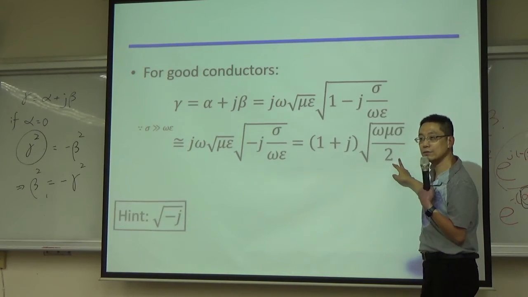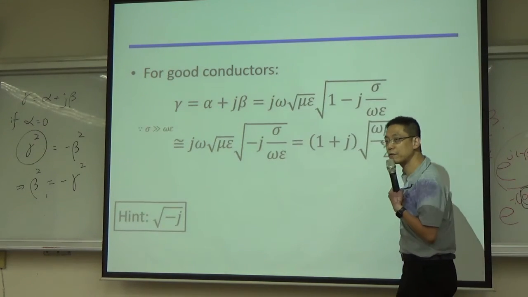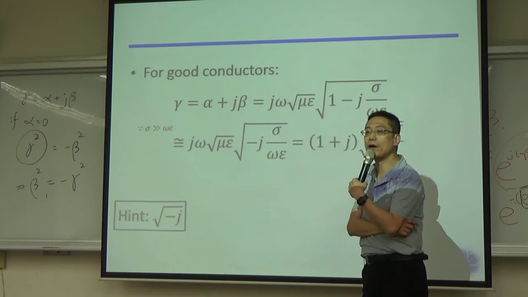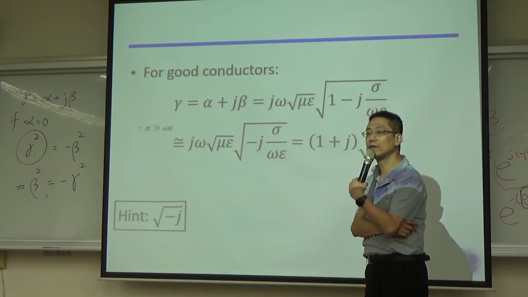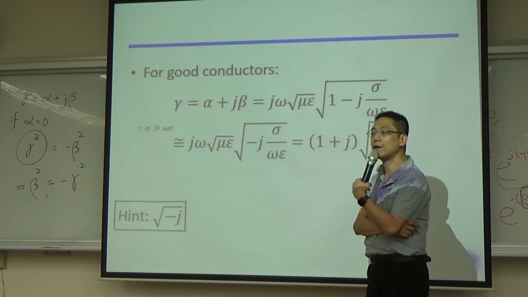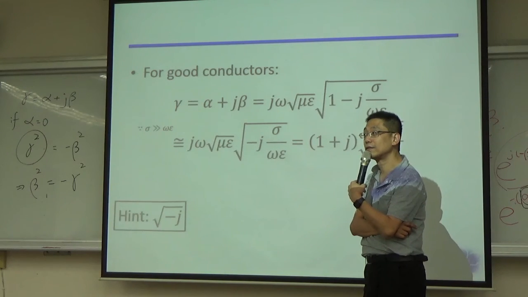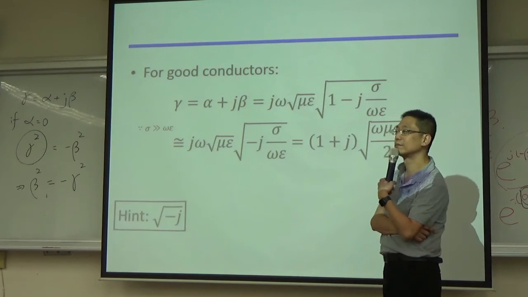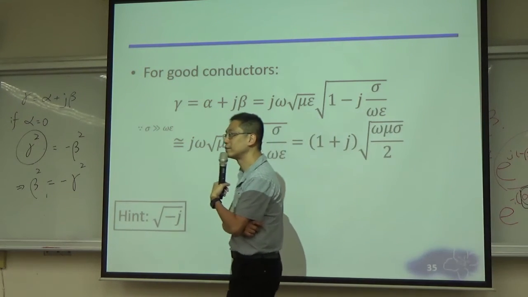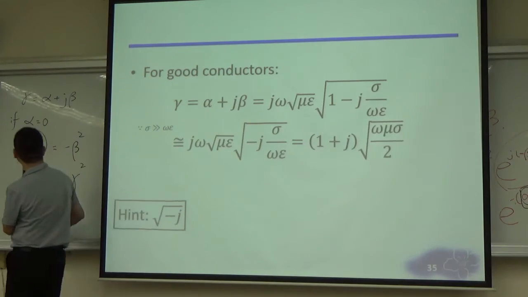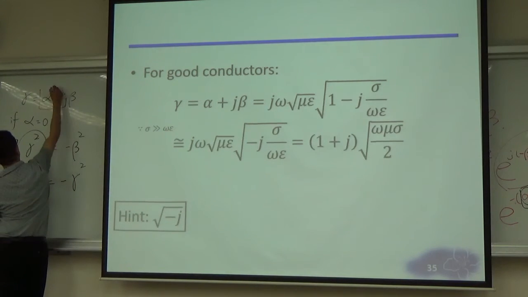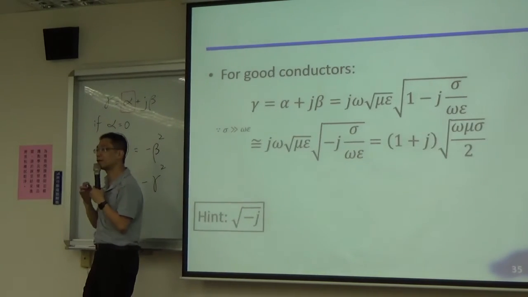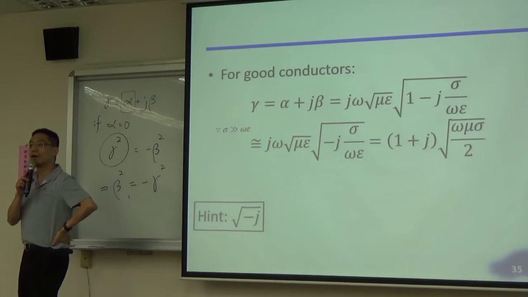Okay. So tell me, what is alpha? 5 points, everyone, you are sleepy. So what is alpha? Raise your hand. So what is alpha? If that is a good conductor, what is alpha? Raise your hand.